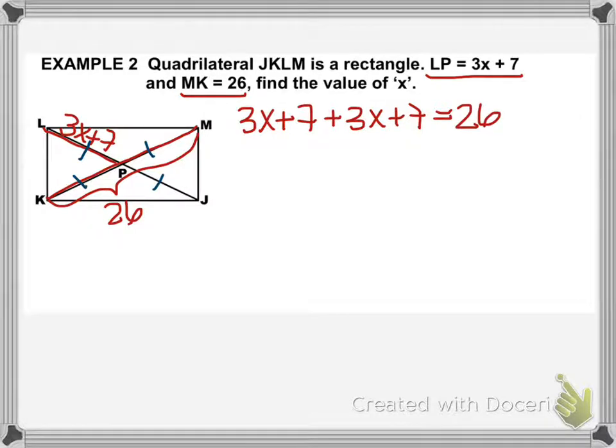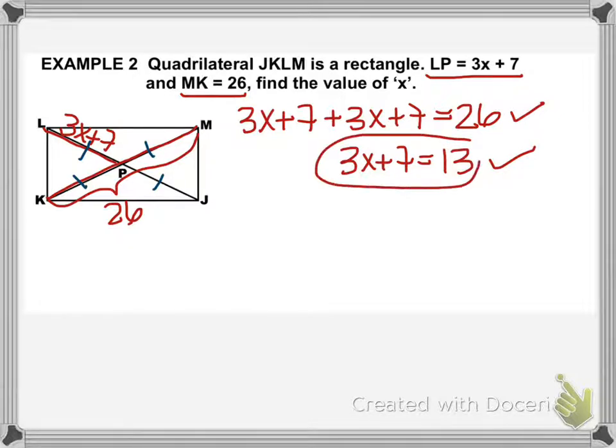Or we could say 3x plus 7, which is the half, equals half of 26, which is 13. Either of these equations will work. I suggest using the easier one, which is the second equation. But either one you solve, you should get the same value for x. The first equation is just a doubled version of the second equation.